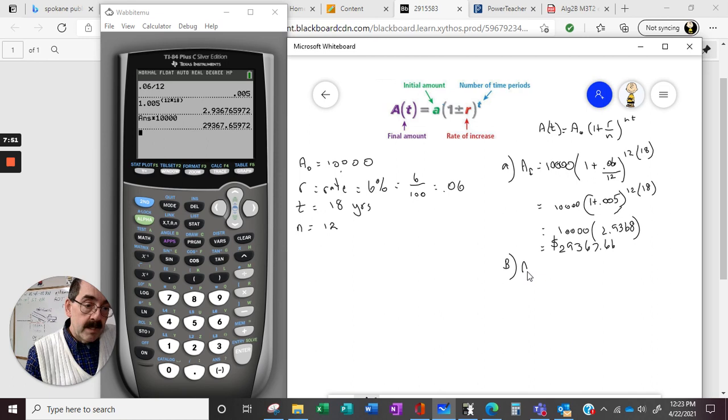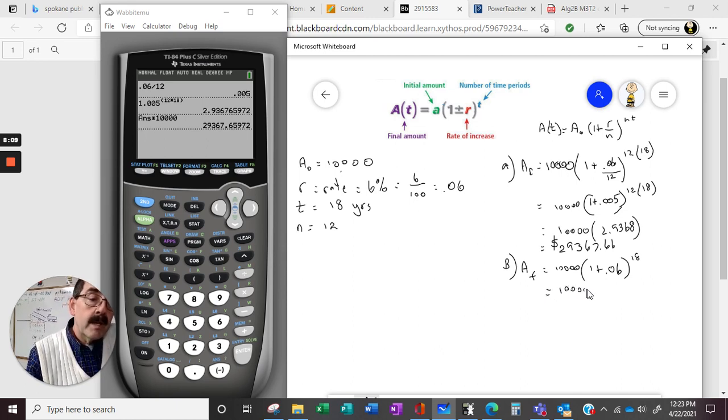In B, we're only doing it once a year. It's not monthly. So 1 plus 0.06, to the 18, because it's just once a year. This is just a standard problem.